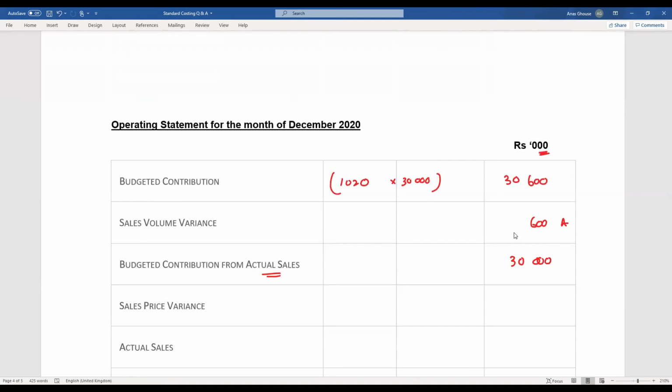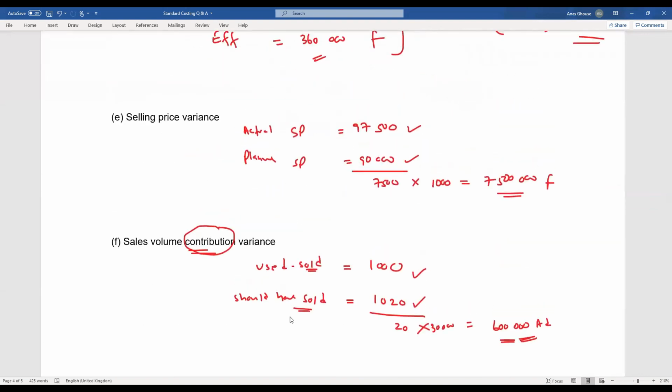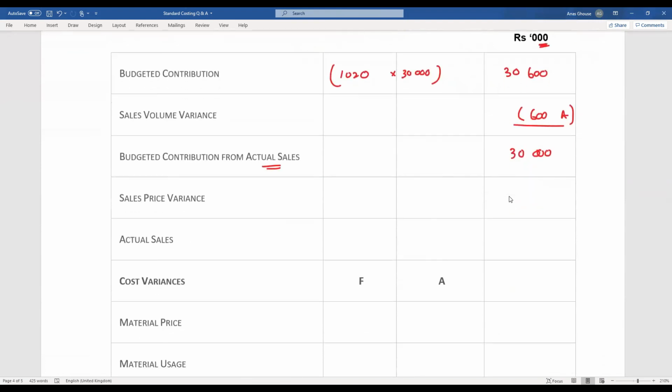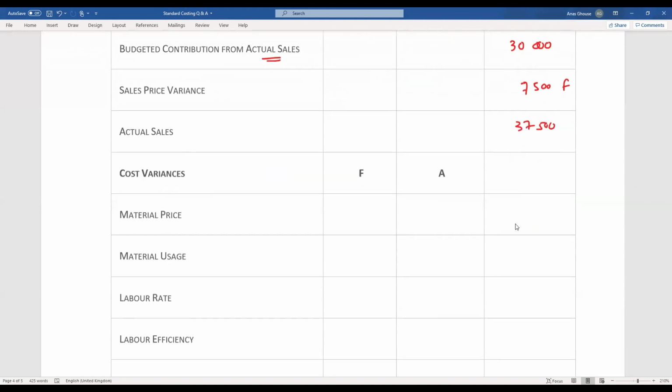Since this is an adverse variance, we need to deduct this. Then the sales price variance, we have already calculated. Price variance is favorable, 7.5 million. So we'll take that also. Selling price variance 7,500,000 favorable. So therefore our actual sales value will be 37,500,000.